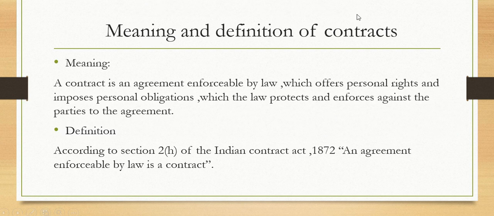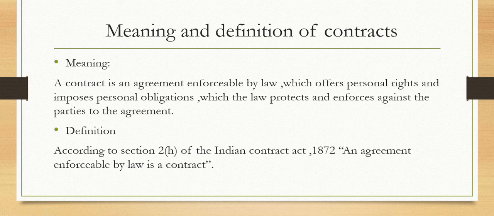So, the meaning and definition of contracts. Meaning: a contract is an agreement which is enforceable by law, which creates personal rights and imposes personal obligations, for which the law protects the personal rights and enforces them against the parties to the agreement.